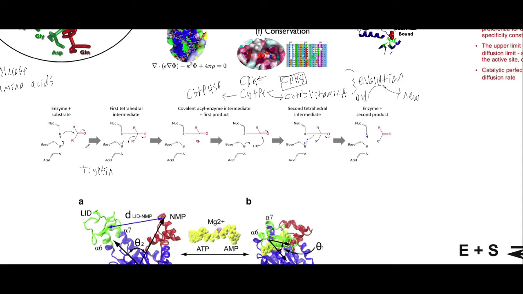proteins, and so you can see how that would work if this was a peptide bond. And so, like I said, this is just an example of one of many types of catalytic mechanisms.